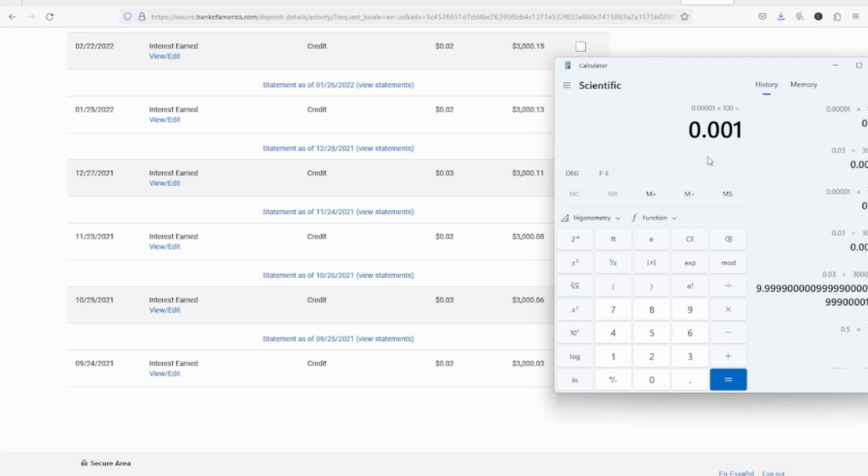All right, so let's see if we can get a better picture. Let's look at it over a 6-month period. I'm going to clear my calculator, and we're going to add up these 6 months' worth of interest. First, 3 cents. Oh, so this is 3 cents here, so I missed the 2 cents.